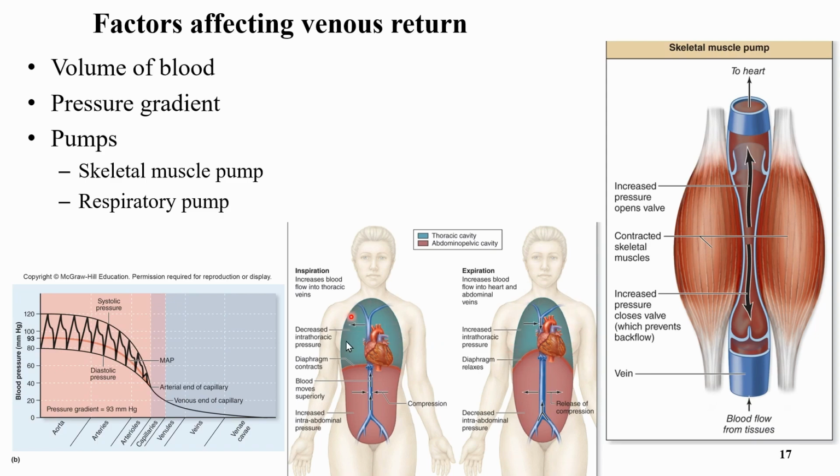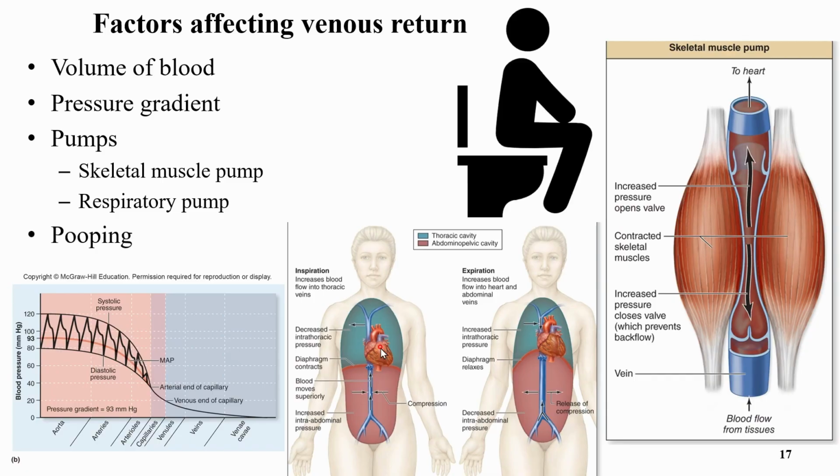Because it gets bigger when you're breathing in, there's going to be more negative pressure in the thorax, and that decreases the resistance to the venous return. There's also slightly some compression on the venous return, and so that enhances venous return. That's another thing that helps bring blood back to the heart.